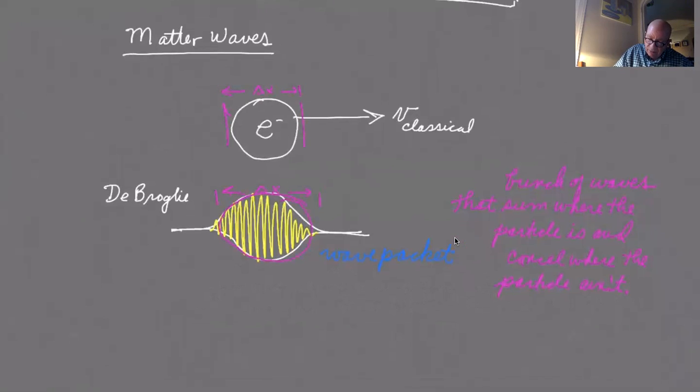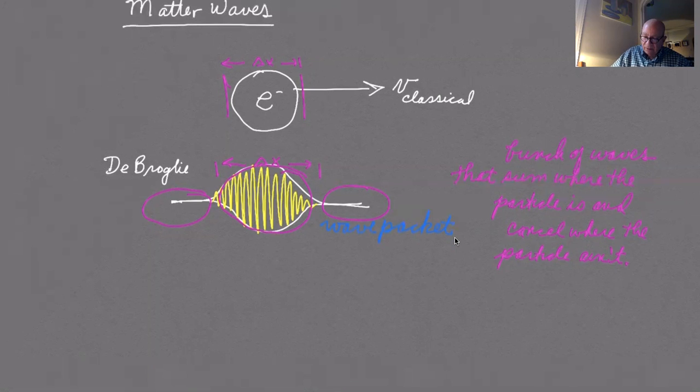And out here, where the particle isn't, we'll get destructive interference, okay? And so we're going to form this wave packet with constructive interference where the particle is, destructive interference where the particle isn't, okay?